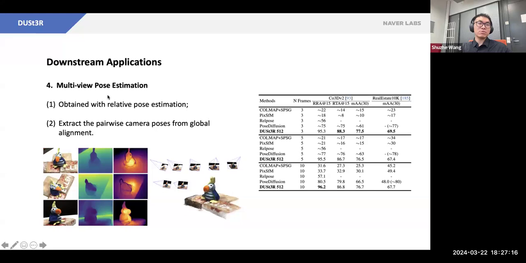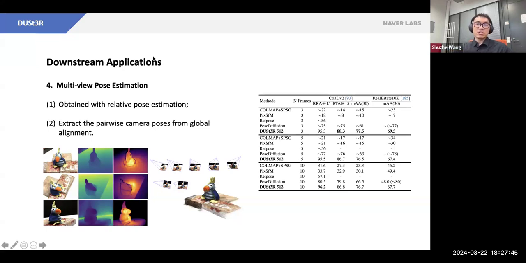The first is to directly obtain the relative pose by the relative pose estimation, as I mentioned. And also we can extract the pairwise camera poses from the global alignment to get the relative poses of multiple views. Our method achieves SOTA performance on Co3D and the RealEstate10K dataset.